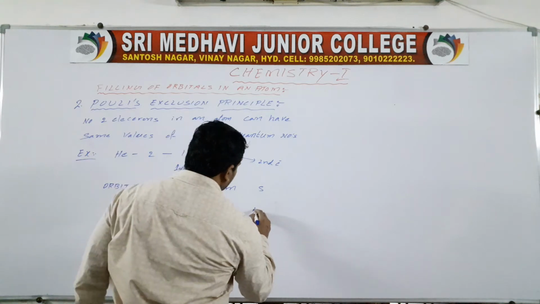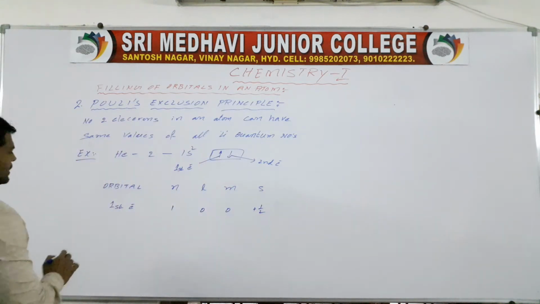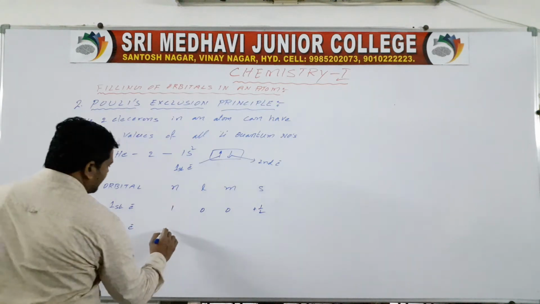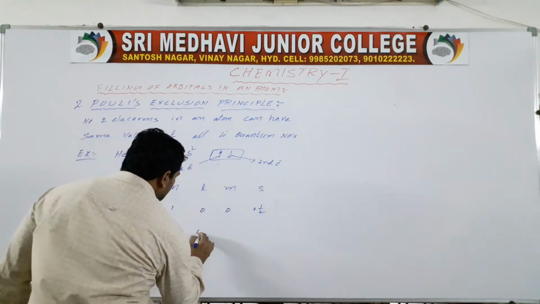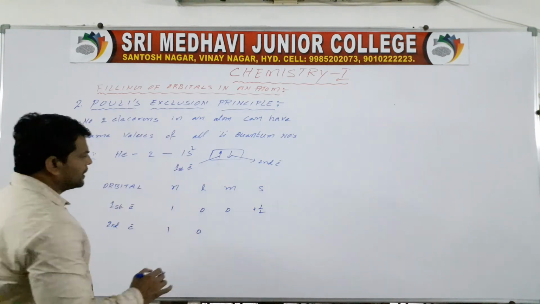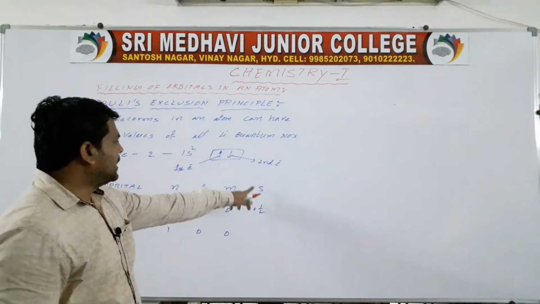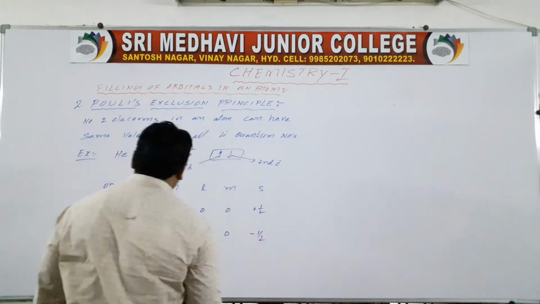Upward direction means s is plus half. Next, the second electron: n value 1 because principal quantum number, l value 0 because s orbital, m value 0. Then s is downward direction, meaning minus half.